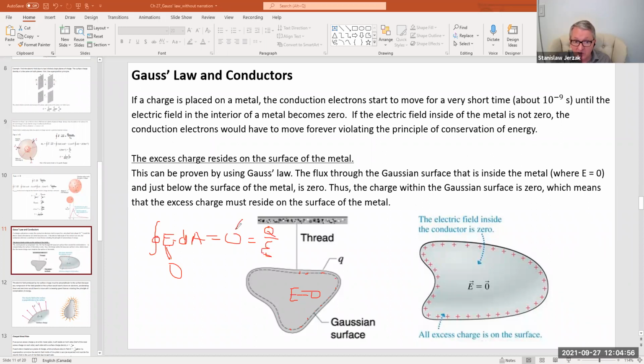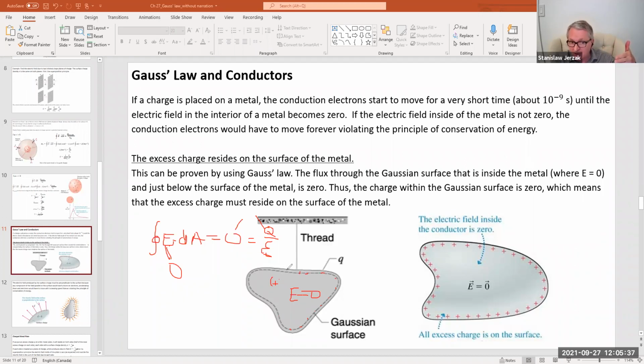But because the flux is equal to 0, the charge inside of the Gaussian surface must be equal to 0 as well. Remember, inside that Gaussian surface there are many nuclei. Every atom has a nucleus and there are many electrons around the nucleus, but that positive and negative charge cancel each other. The net charge inside must be 0 because the electric field is 0. If the electric field is 0, the flux is 0, and the charge inside the Gaussian surface must be 0, which means that the excess charge which we put must be outside of the Gaussian surface.